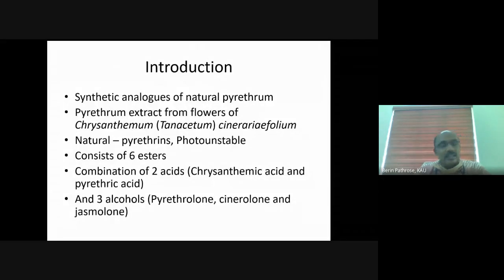There are certain synthetic molecules which are photo unstable also. So all those molecules which are synthetic in nature are called pyrethroids, while the molecules available from the natural flowers of Tanacetum cinerariifolium are called pyrethrins, but they are photo unstable.